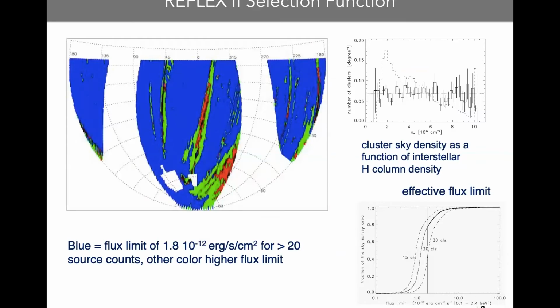Okay, this gives you an idea about the selection function. We are highly complete to this flux limit, with the numbers given for experts. At this flux limit, we ask for at least 20 X-ray photons. We have a very clean sky, and the density of photons in the sky is relatively low. So with 20 counts, we have a good feeling that it is a source with high significance, and we can get a relatively good flux and luminosity, at least to about 20%.